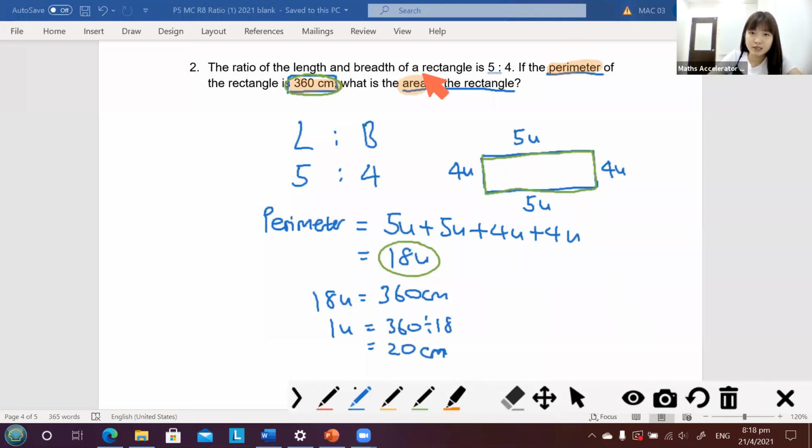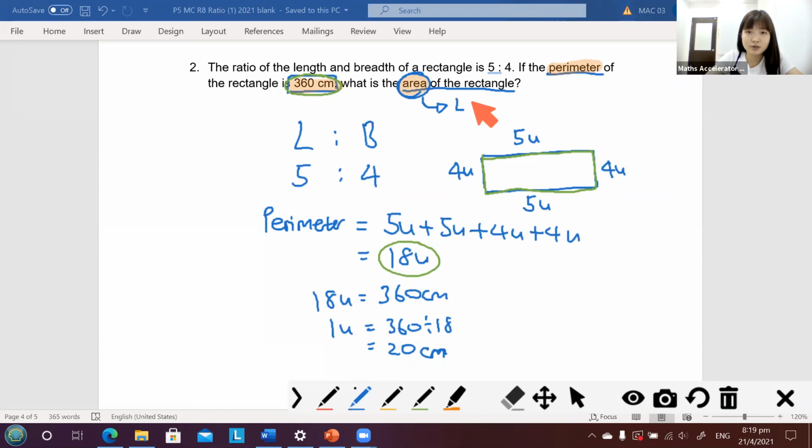But they want the area. So what's the formula for area of rectangle? This one you should know. Area of rectangle, what to find? Yep, correct. Valerie? Yes, correct, Kason.